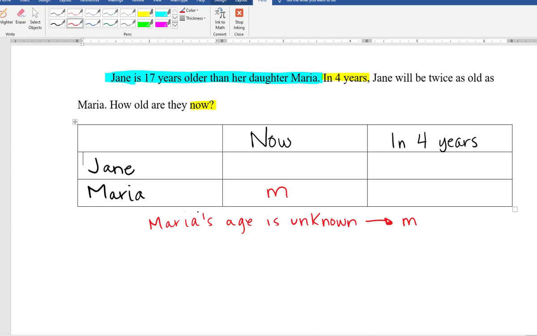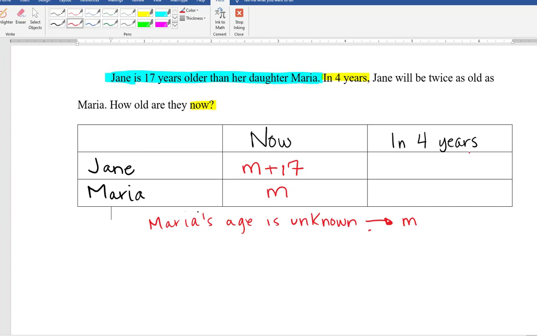Now Maria's age is m. Therefore, Jane's age is m plus 17. Okay, well, 2 of our boxes out of our table are filled in. Now we got to fill in the other 2.